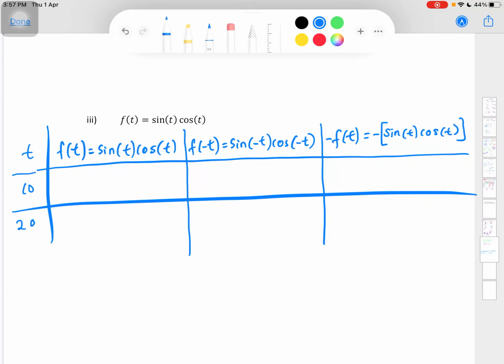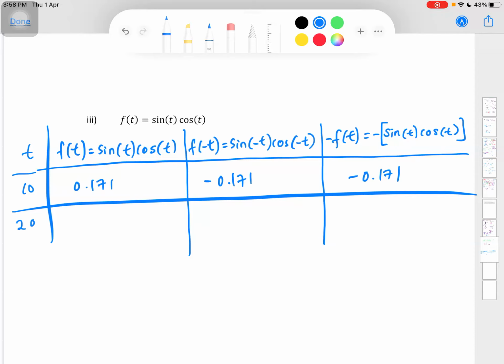So we have sine 10 multiplied with cosine 10, which is 0.171. Now sine minus 10 multiplied with cosine minus 10, we get minus 0.171. So minus of sine 10 multiplied by cosine 10 gives us minus 0.171. Let's calculate the next one.